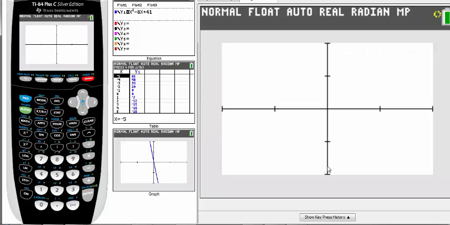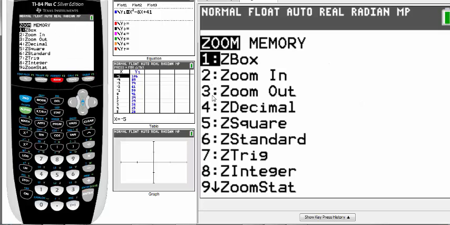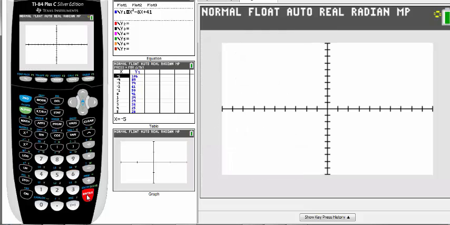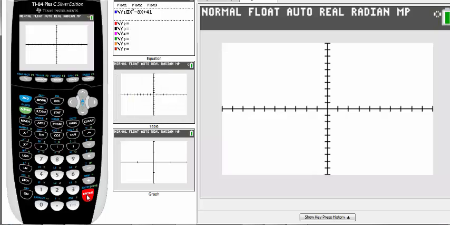Now remember, this was from when I had this -2 to 2 scale, so it's a good possibility we won't see anything here. So let's go to zoom, and I'm never quite sure which zoom to choose, so I think I'll choose zoom standard this time, and hopefully it'll find my graph for me. Maybe it'll show up on our screen here. Gosh, nothing's showing up. Well, I have this x squared minus 8x plus 41, so it kind of makes me think there's something going on clear up here.